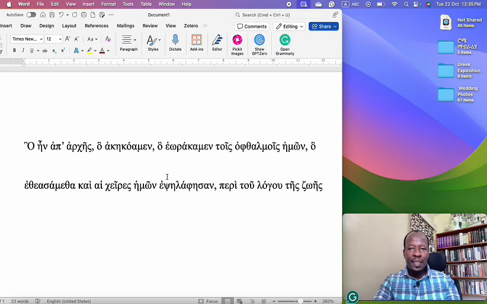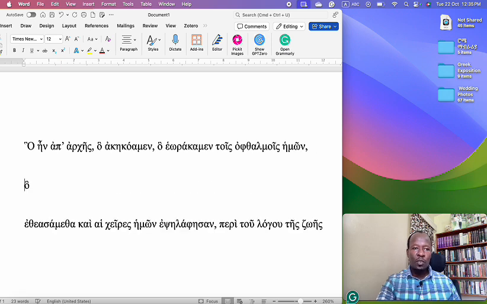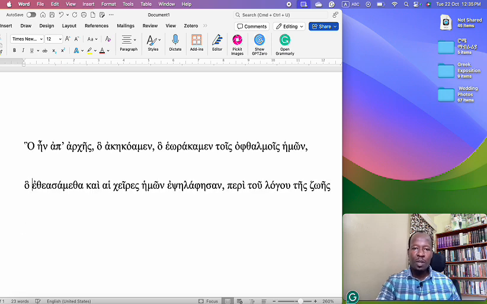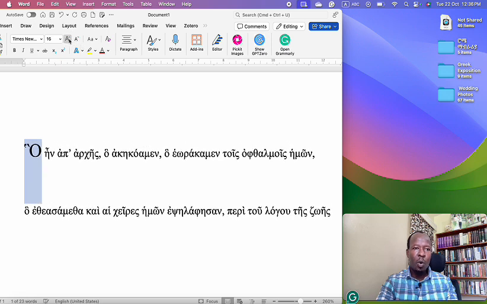So here is an example of rough breathing and how it is pronounced, as well as how it is transliterated. So this verse is from 1 John chapter 1 verse 1. So let's see how we will pronounce a rough breathing and how we will transliterate it. So this is the first letter here. Since you see this is a rough breathing, let me make it bold.